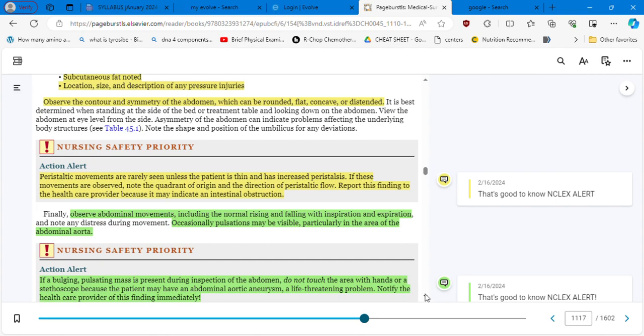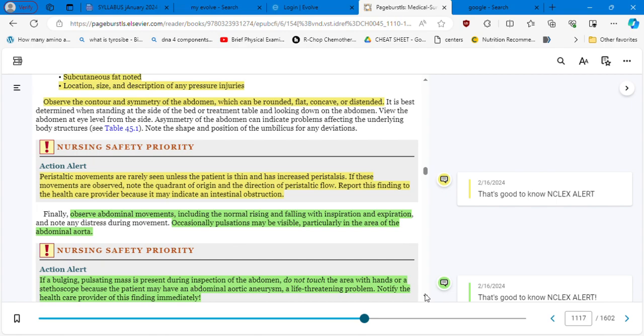The ascending colon goes through the right lower quadrant to the right upper quadrant, then the transverse colon goes right to left, and then down to the left. But when there is intestinal obstruction, everything goes in the other way.